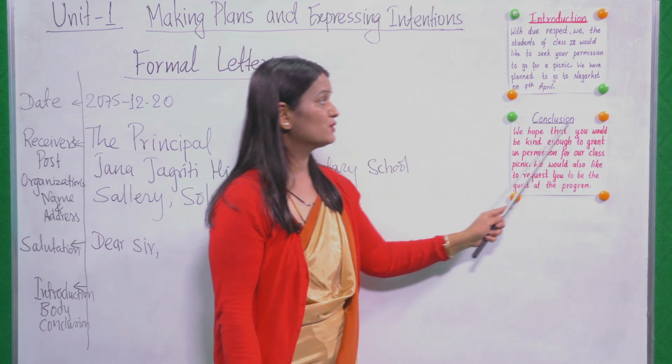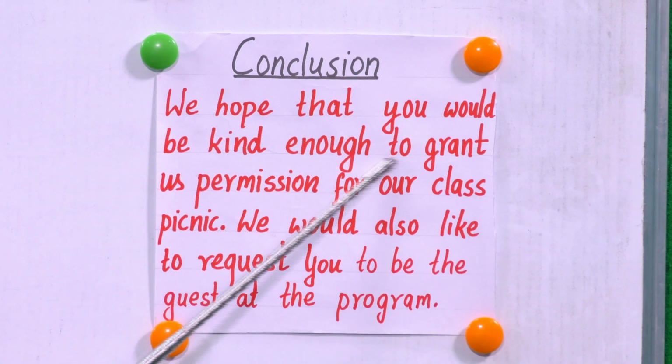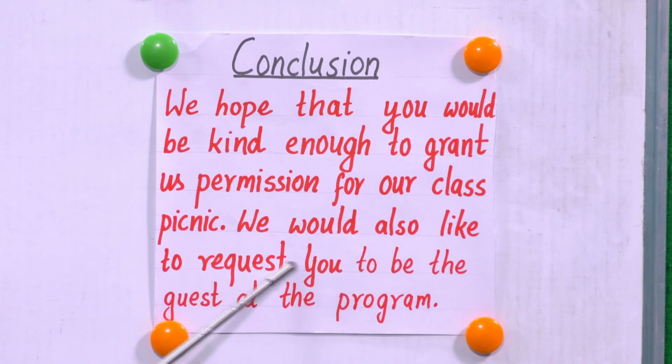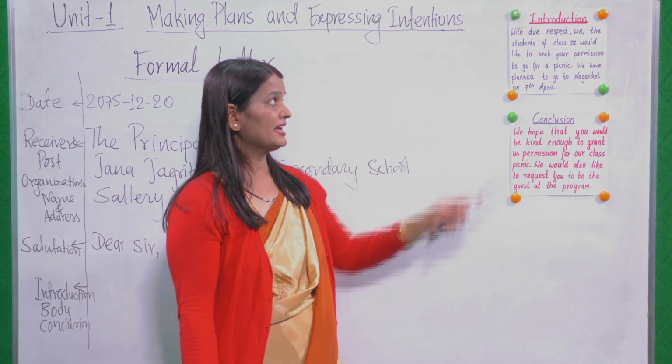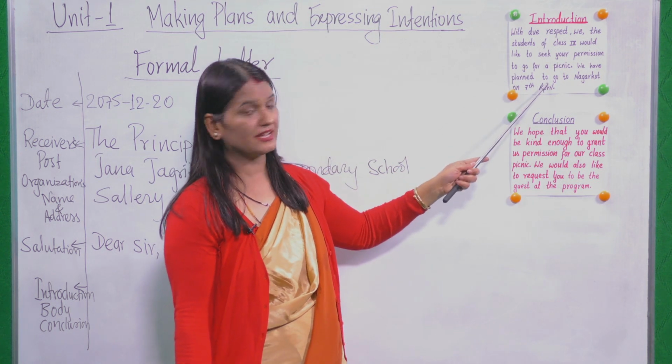Right? So the conclusion is here again. We hope that you would be kind enough to grant us permission for our class picnic. Okay? You will write in this way. We would also like to request you to be the guest at the program. In this way, two sentences only. Here also we have written very short sentences.